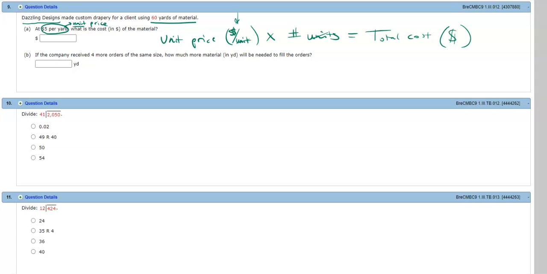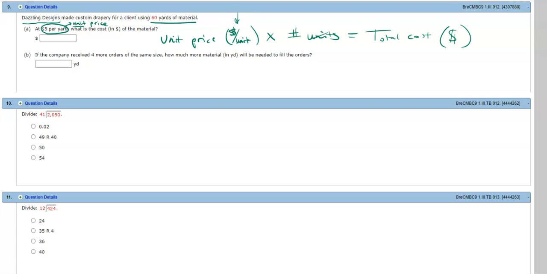Getting a little bit ahead of myself because we're not talking about fractions yet, but I just want to prepare you. You want to get your mind thinking about fractions and how they work. But whenever we perform this cancellation, the units will cancel on these ones. It just becomes only dollars left over.